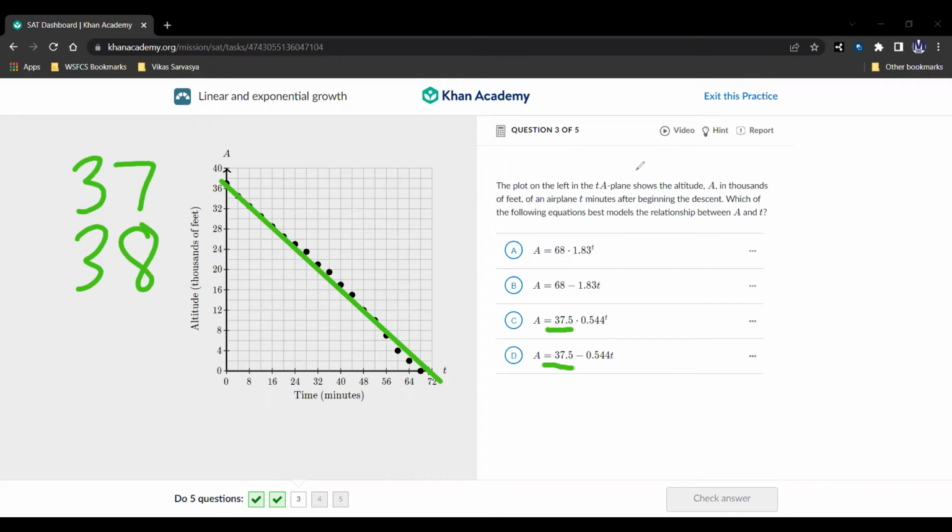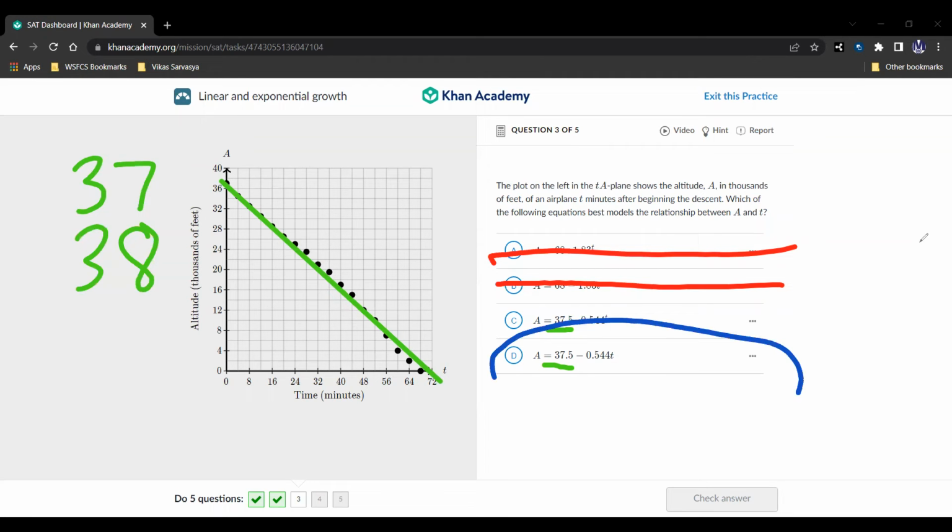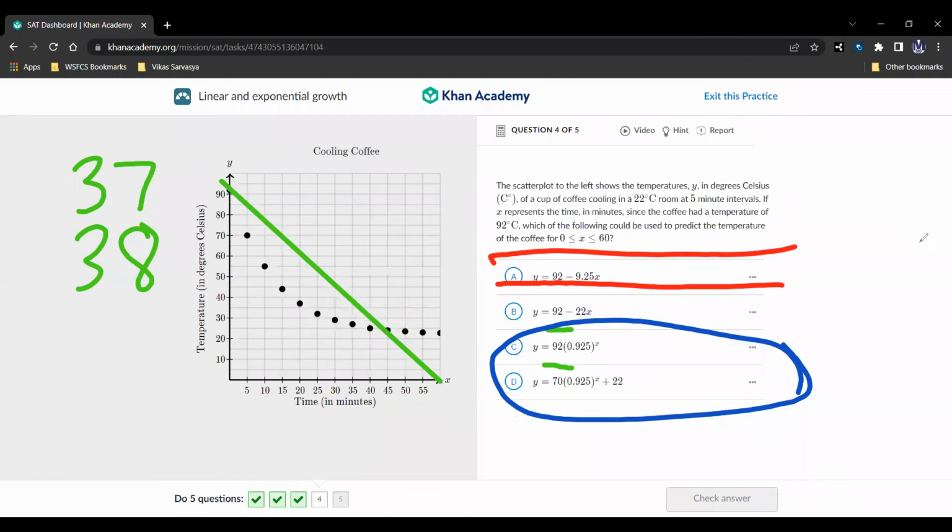So it has to be 37 or 35. It can't be these other ones of 68 because that's not what we're starting at. The altitude is not starting at 68. So A and B go away. And then C is exponential growth, which is not what we want. We want linear growth. So we're going to pick answer choice B as our answer. And let's move on to the next question.